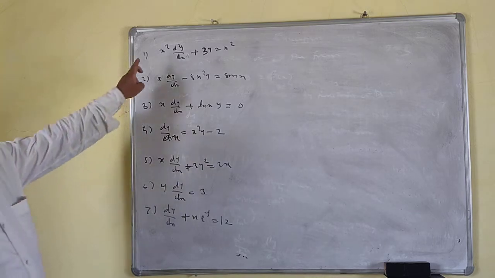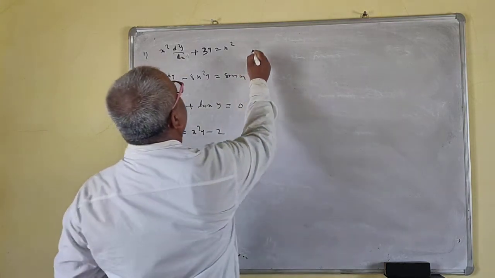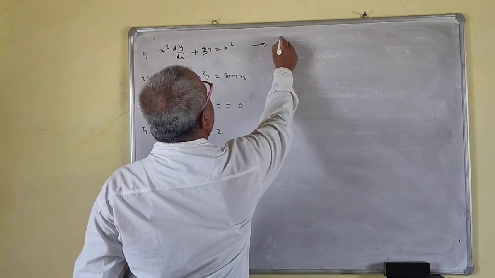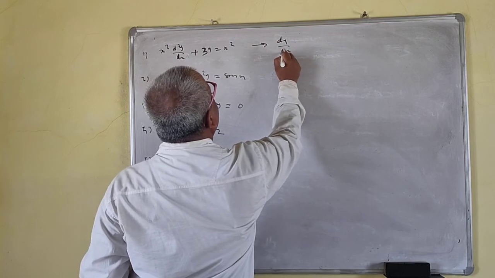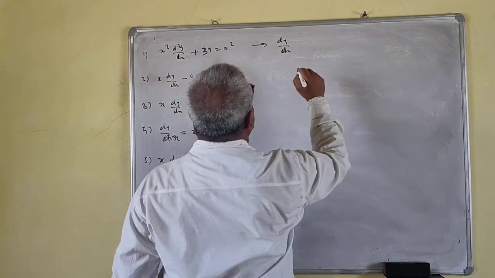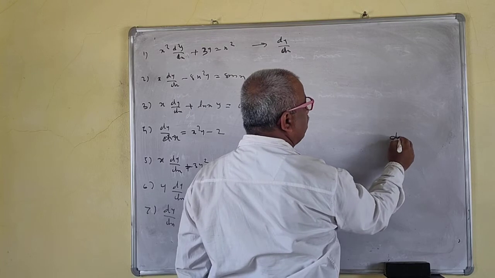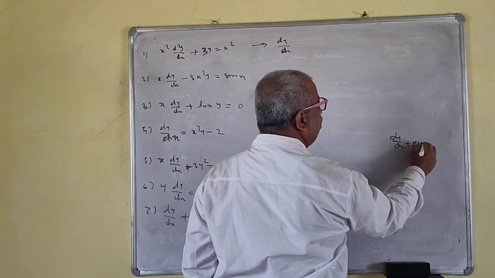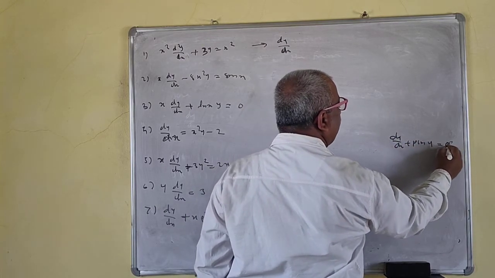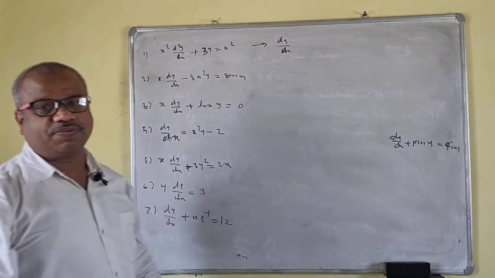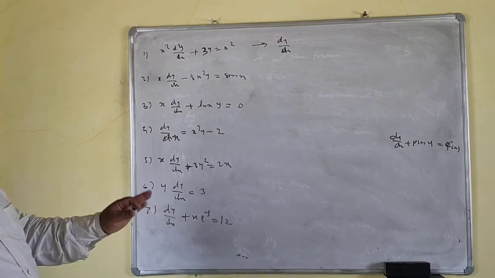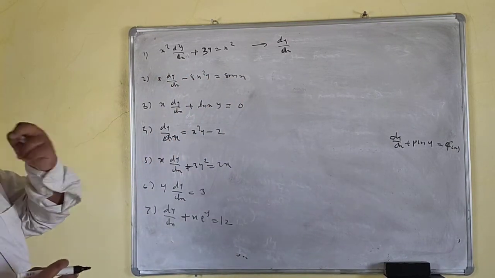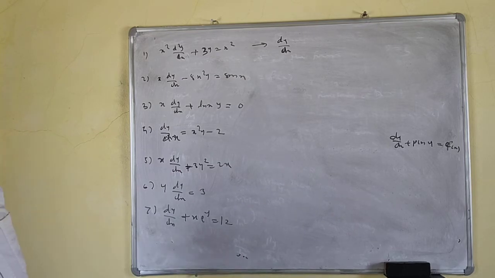Now see, I can write this equation dy/dx by dividing by x square, because I know the linear differential equation is dy/dx plus p of x times y is equal to f of x. So I have to check whether I can convert the equation into this form; if not, then it is not a linear differential equation.